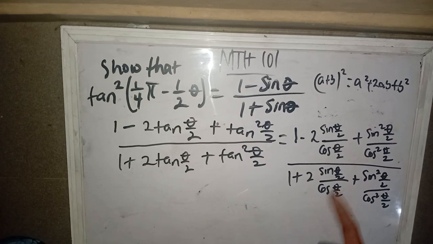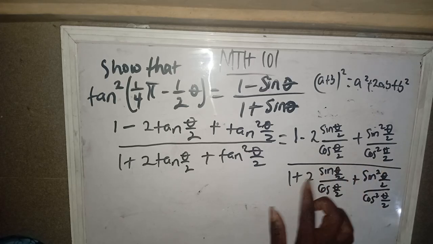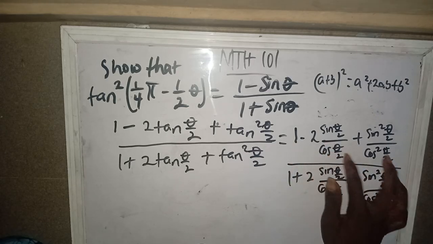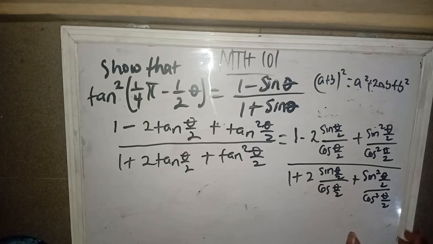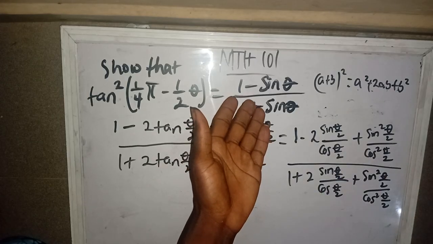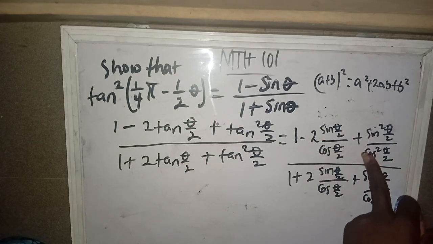Now, because we have common denominator, except for this one, we have cos theta over 2. So let's make it very easy to eliminate. Now, we can't be looking for a way to eliminate sine because even our identity is in sine function. So it is cosine we need to eliminate.